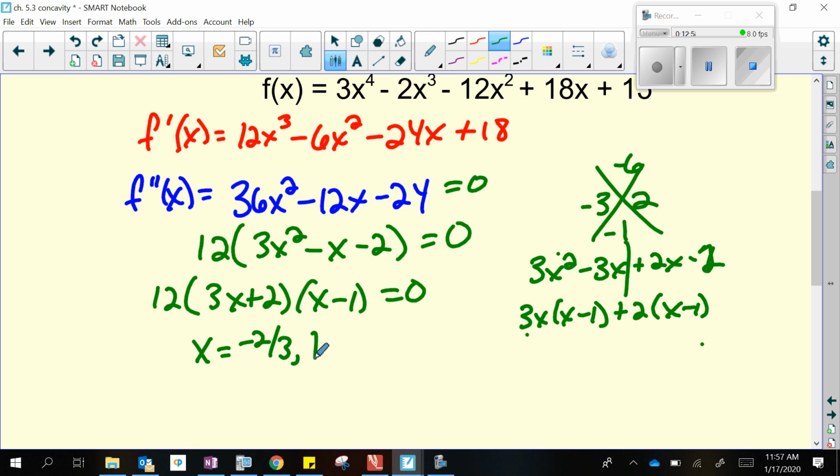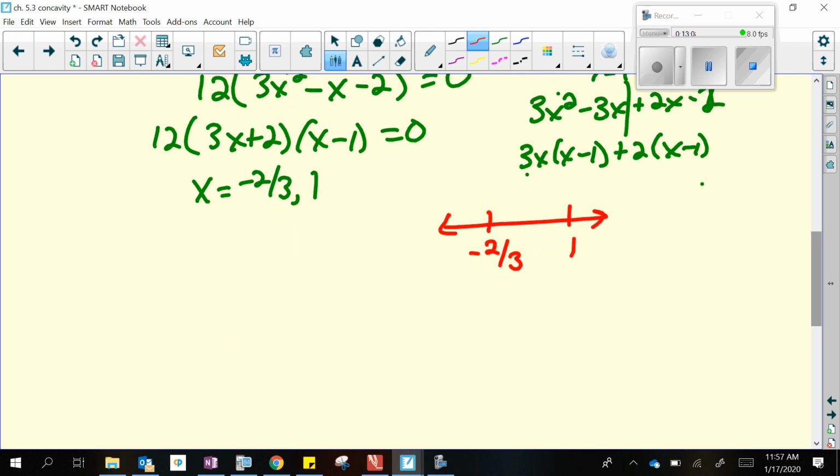You good? Okay, so again, just like last time, I'm going to start a little number line, and I'm going to put negative 2/3 and 1. Now again, I'm looking for whether the slopes of the tangent lines are increasing or decreasing.